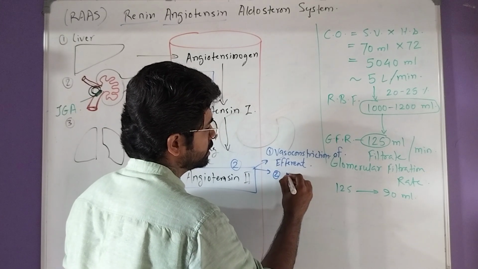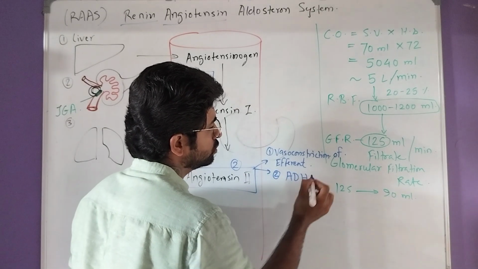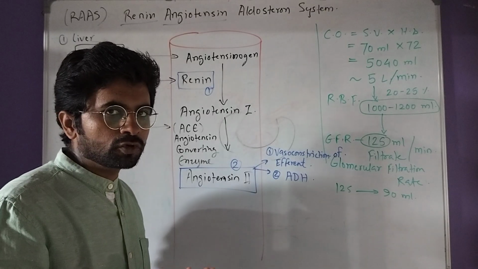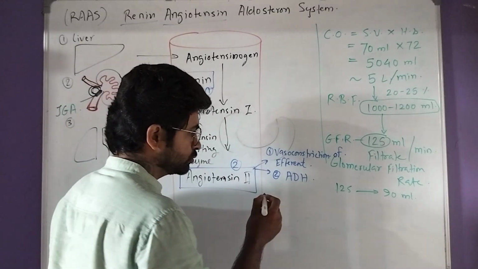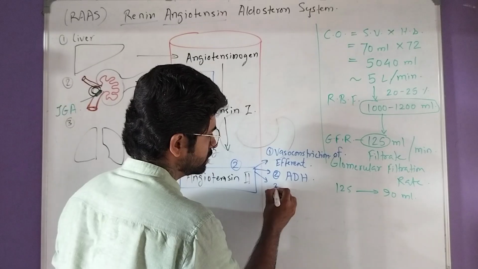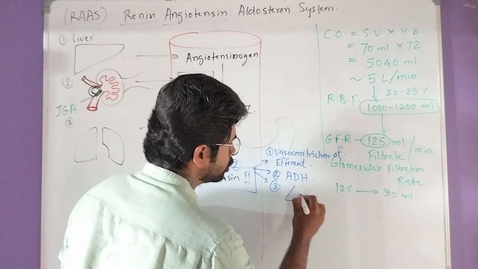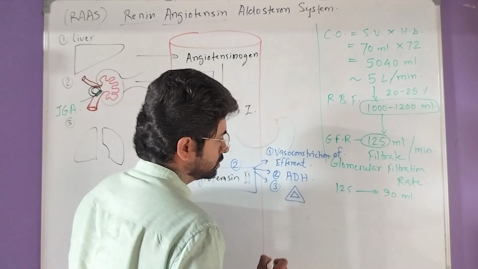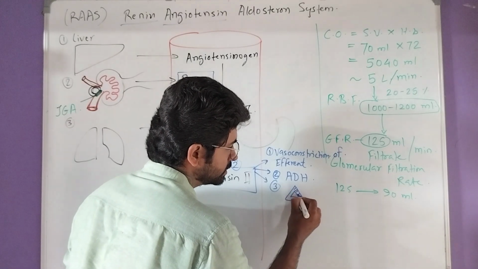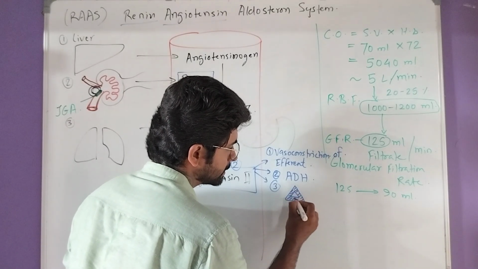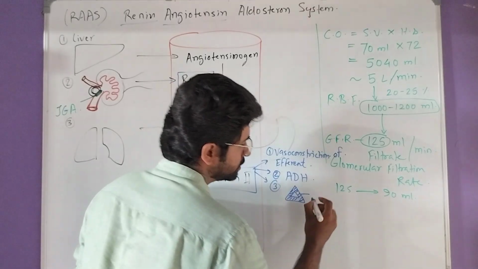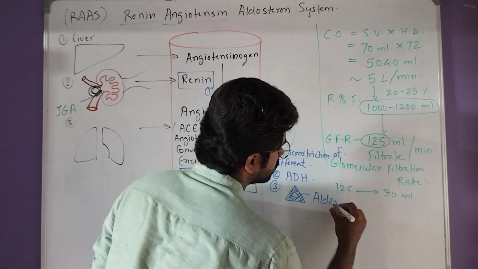Second, it releases ADH, and we know ADH is for water absorption. Third, it acts on the adrenal cortex. This is your adrenal gland, this is the adrenal cortex, and the cortex releases aldosterone.